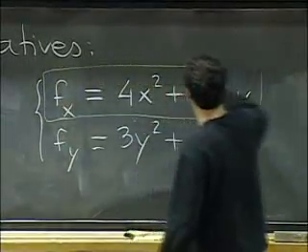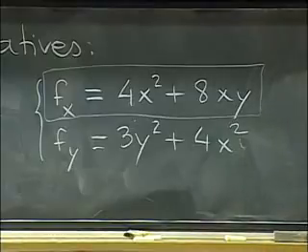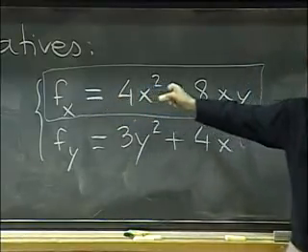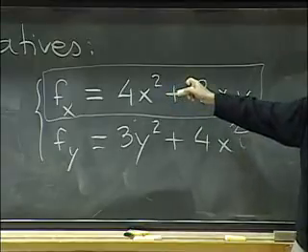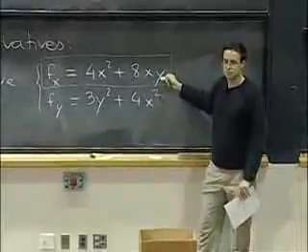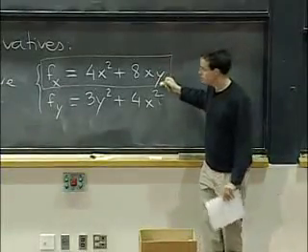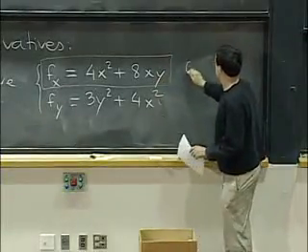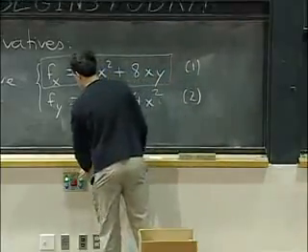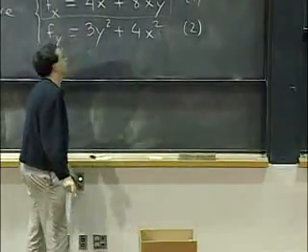If we look at this one, well, we know how to solve this because it's just telling us we have to integrate this with respect to x. Let's call them 1 and 2 because I will have to refer to them again. So let's start with equation 1.